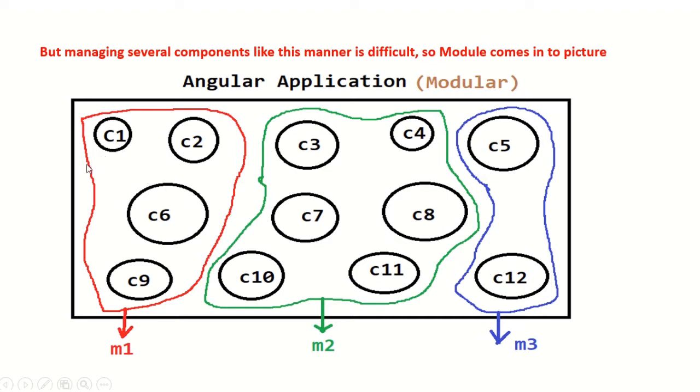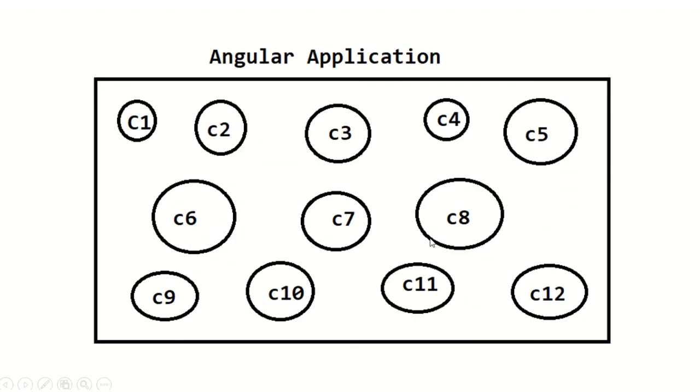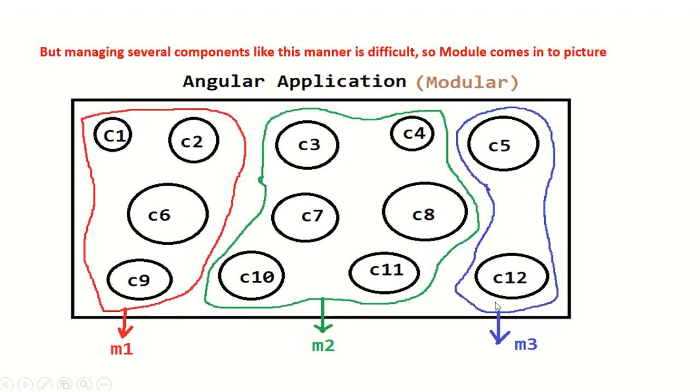The components are encapsulated by modules. If you go to the previous page, these are only components, but we are encapsulating them using modules. There are three modules encapsulating some components. If we encapsulate, we can get many benefits that you will learn later.